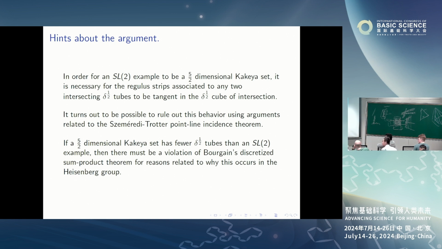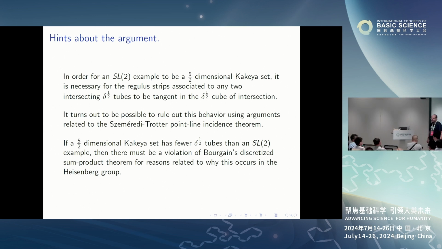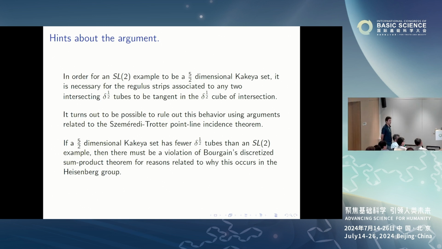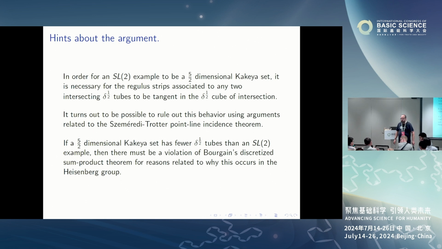Are there any known relationships between Kakeya sets and the Kakeya set in the original definition of Kakeya? So for instance, is it true that for any Kakeya set, if I take a delta neighborhood with an arbitrarily small delta, I get a set that verifies Kakeya's original continuous definition? I don't know that.